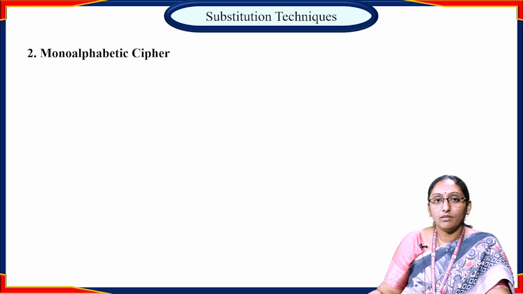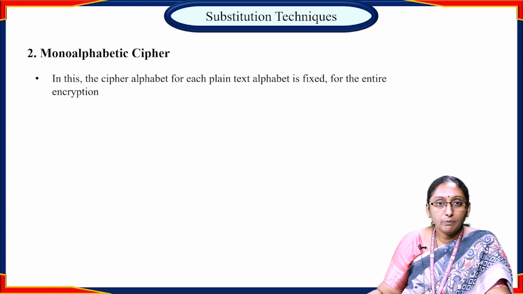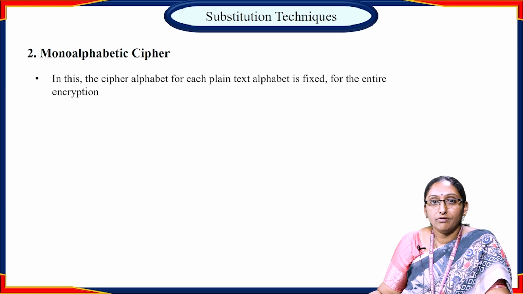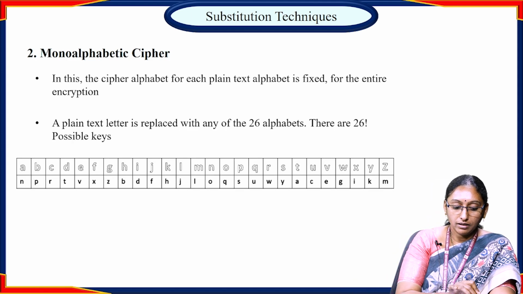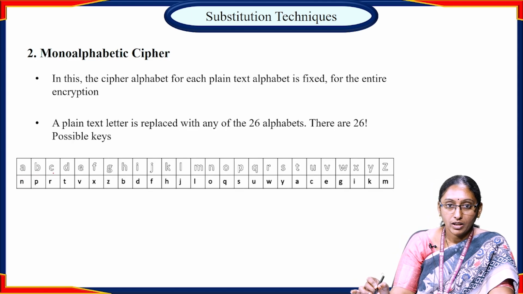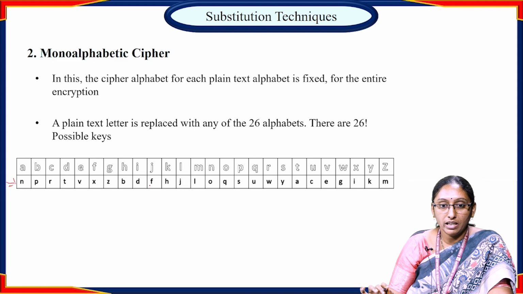In this monoalphabetic cipher, we have 26 factorial possible keys. That means the source and destination fix one permutation of the A to Z alphabet as a key. For example, the user can fix a permutation of the A to Z alphabets.